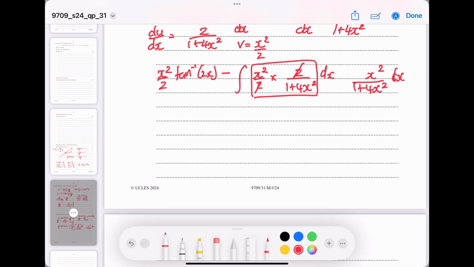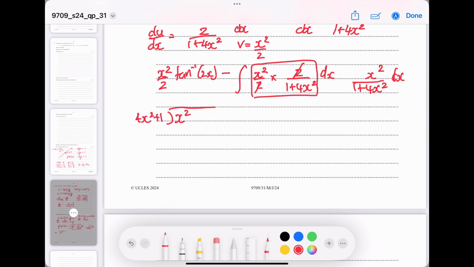Because we have an x squared on the top and also on the bottom, we need to separate these, which means we need to use partial fractions. Since the power of x is the same top and bottom, we first of all need to do a long division. So we've got x squared being divided by 4x squared plus 1.